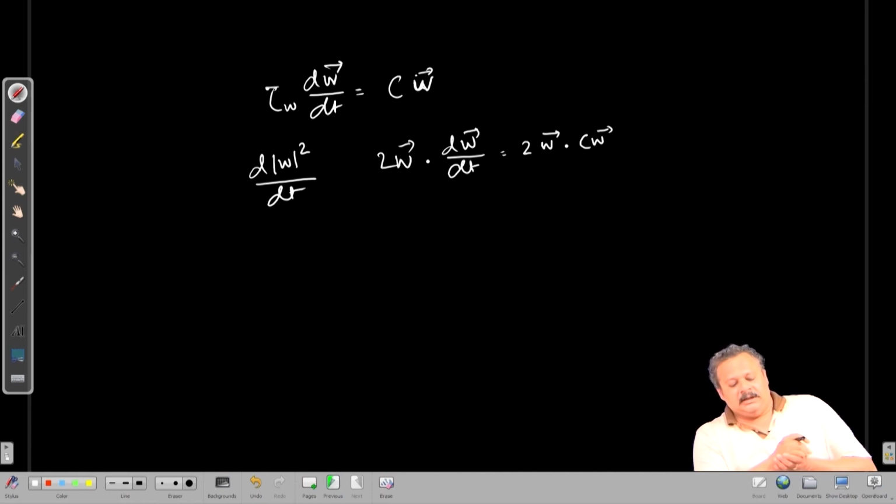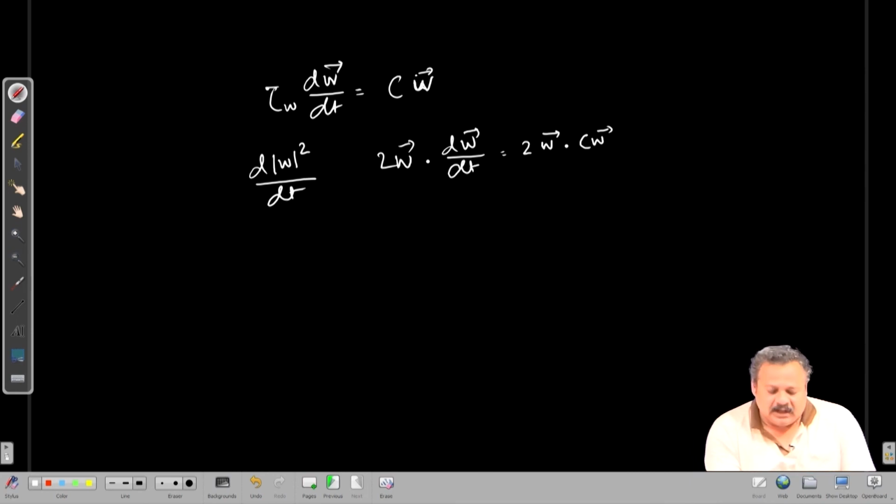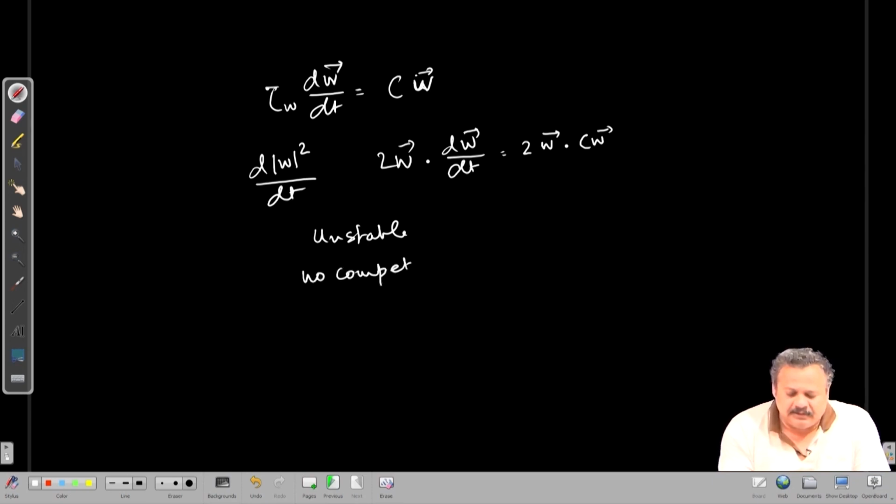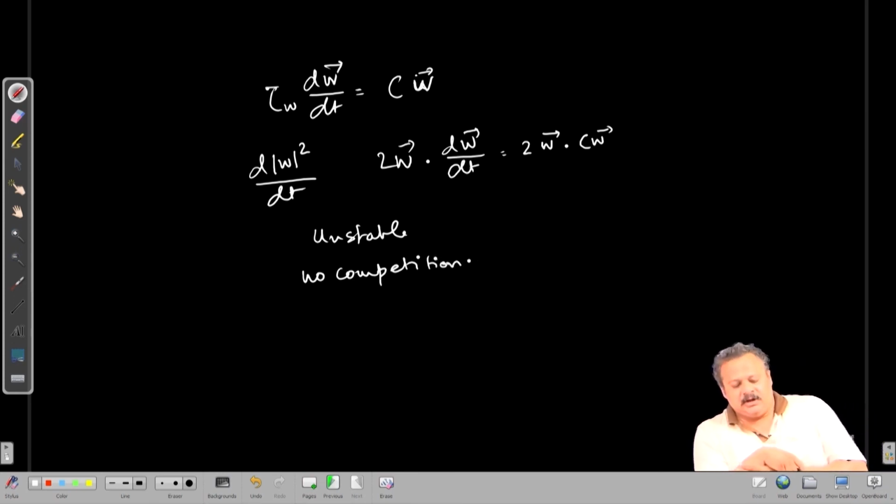So, in both these models, which are Hebbian and either correlation based or covariance based, we have a problem, the main problem being that it is unstable, and also there is no competition among the synapses, which is something that is observed in actual neurons.